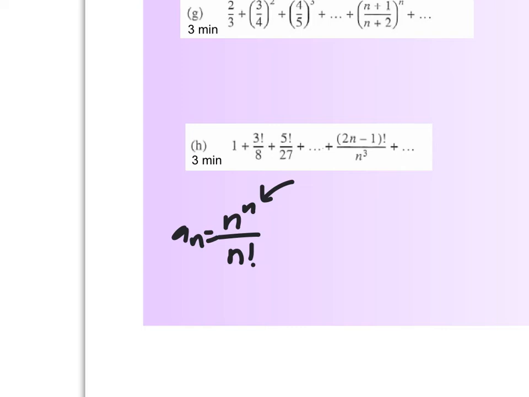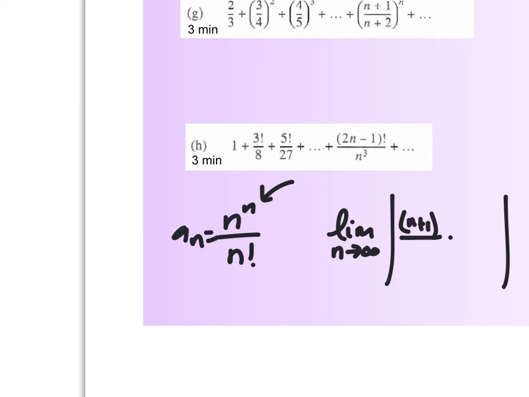So let's take the limit and use the ratio test as n goes to infinity of a sub n plus 1 over a sub n. So that'd be n plus 1 to the n plus 1th over n plus 1 factorial.